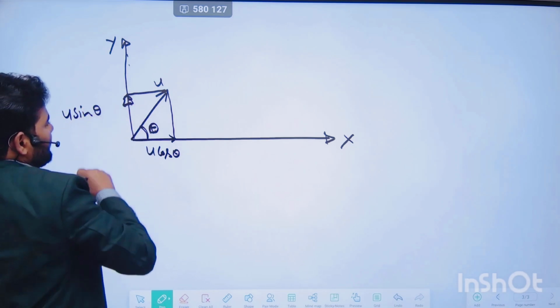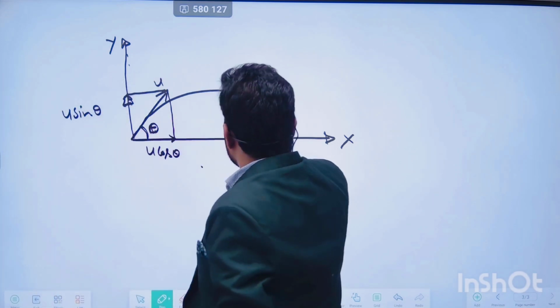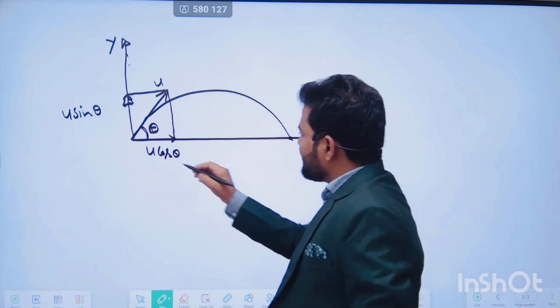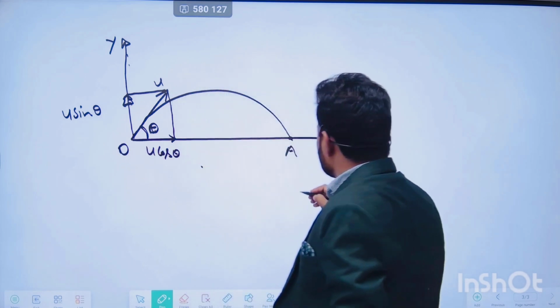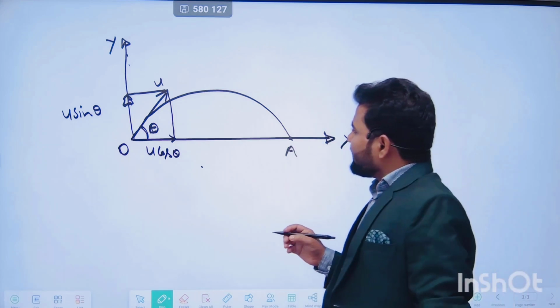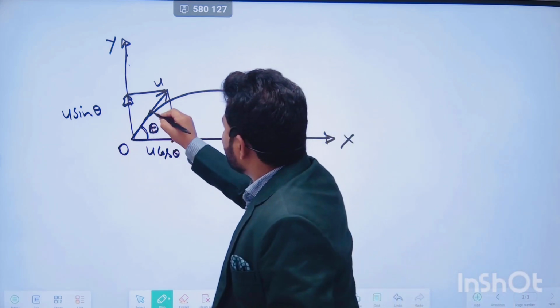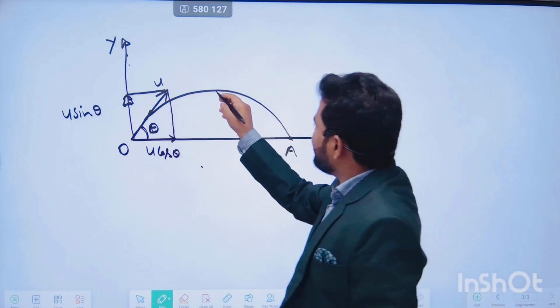When the ball is projected at an angle of theta, it will fall on the ground somewhere here. Suppose this is the initial point of projection, and here the ball is falling down on the ground level. From here we can calculate the time of flight, maximum range, and maximum height.